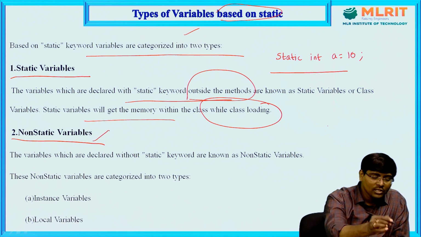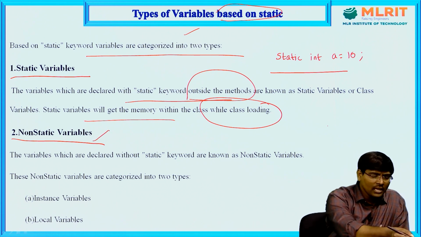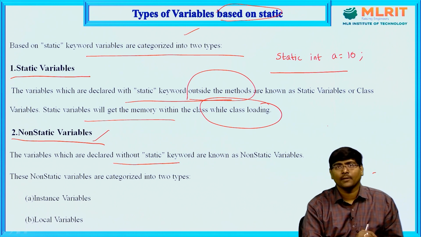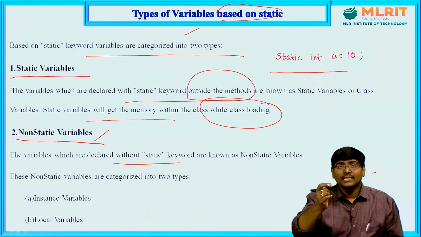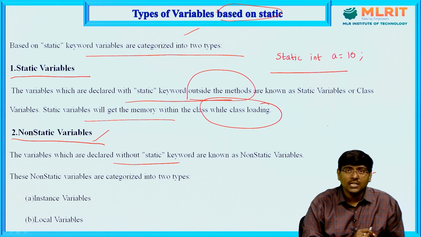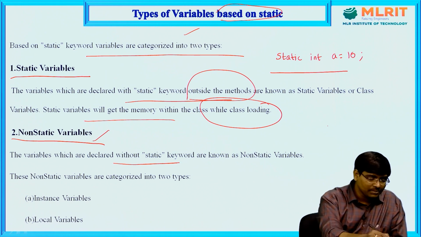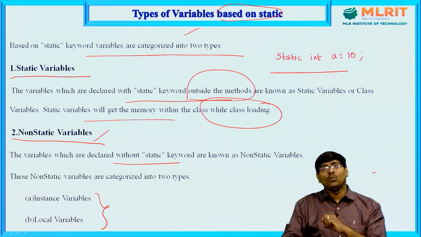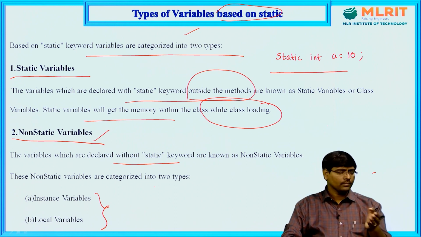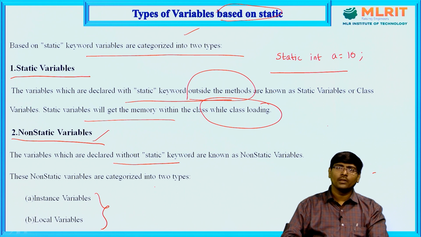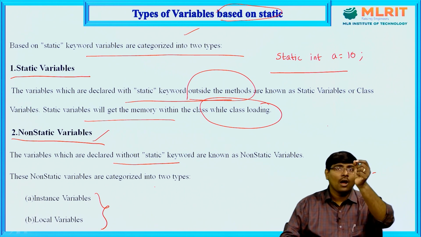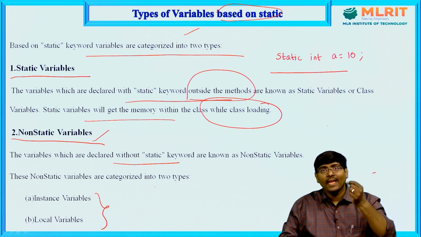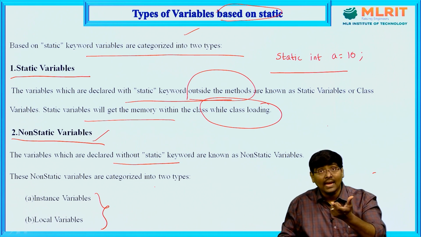Coming to non-static variable. The name specifies the variables that are declared without static. Again, these non-static variables are divided into two types. One is the instance variable, the second one is the local variable. What is an instance variable? Everyone knows instance. What is the definition of object? An object is an instance of a class.